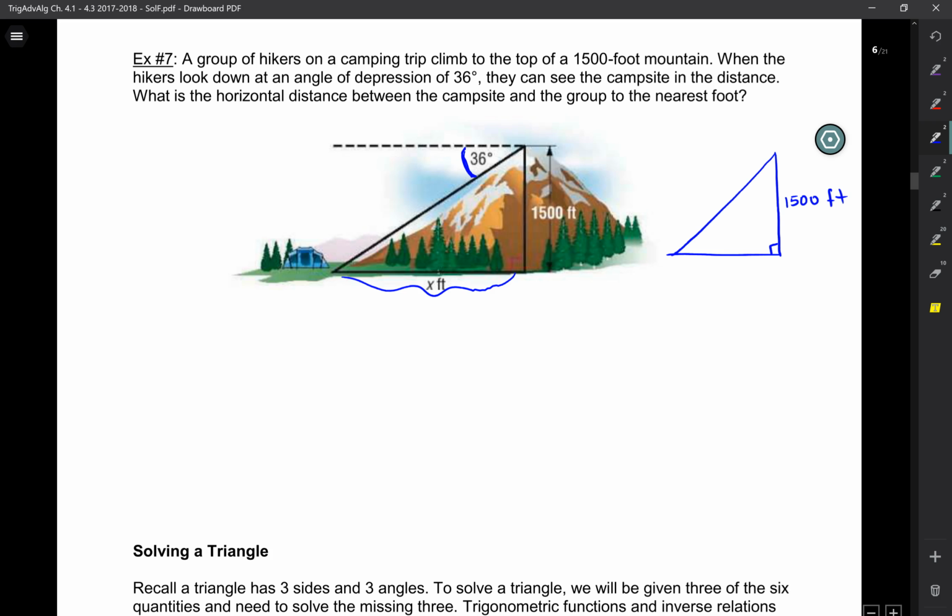The units are important. It's not an ant farm, so it's not centimeters, right? It's a mountain, it's in feet. And that horizontal distance, we're calling it x. Now I need an angle. 36 degrees. Okay, so this angle is 36, right?